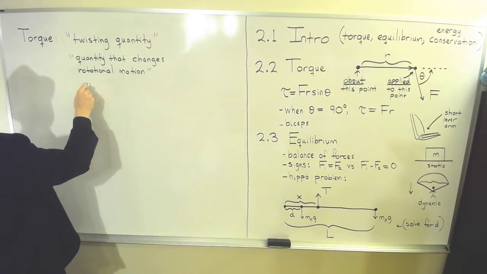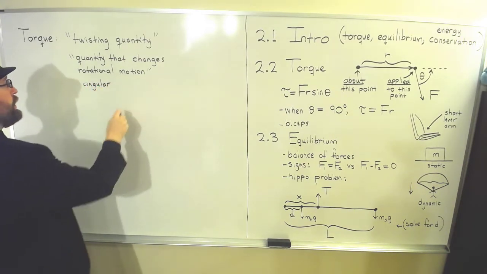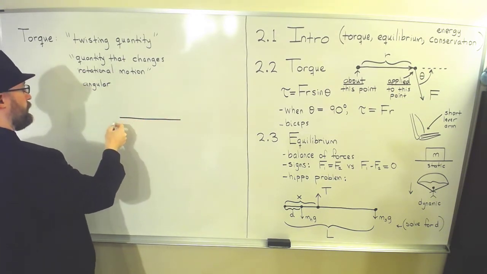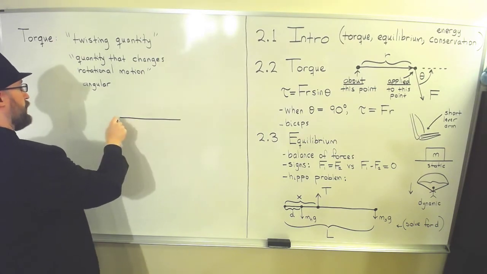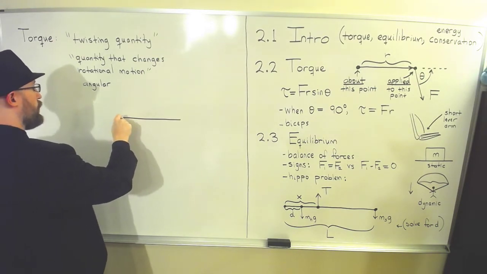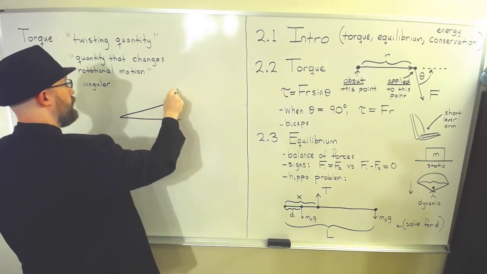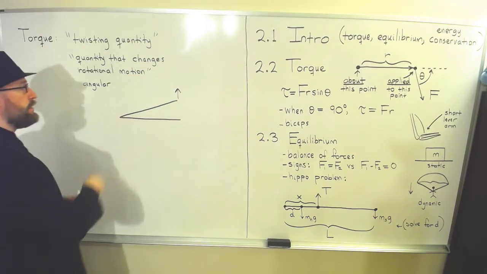Another word that's often used in this context is angular motion. And the idea is that if I have a flat surface here, and then say I have a board that I'm lifting up at an angle. So say I'm applying a force up like this, and the other end of the board is staying still.